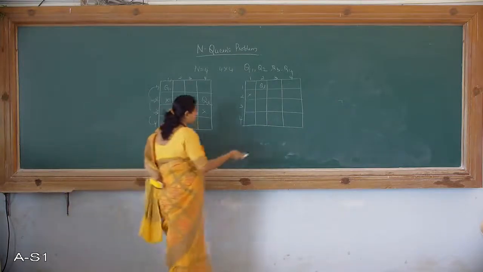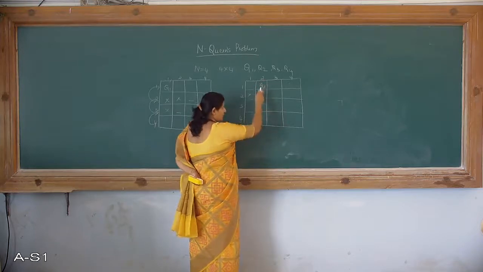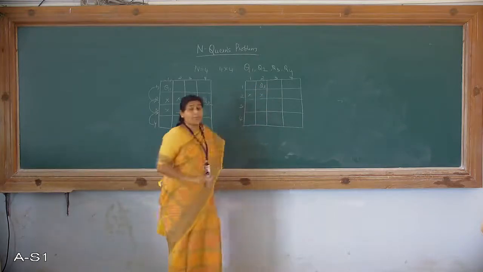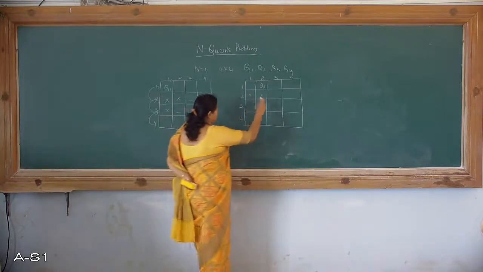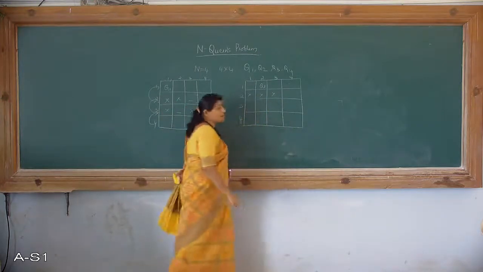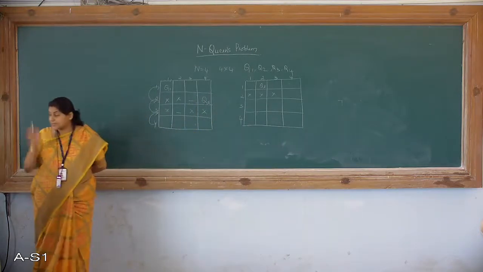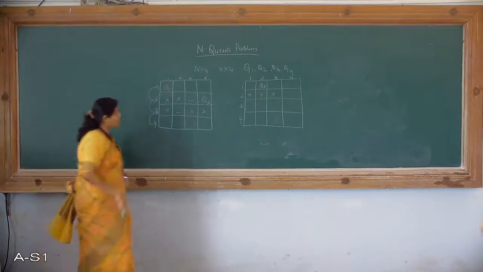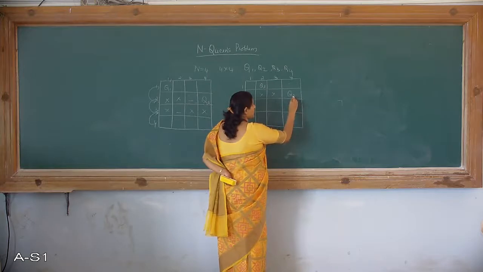So I would go back to this one, not possible because it is the column rule, rule number 2, not possible. And here, not possible because it is the diagonal rule. So now, the only possibility of placing my queen 2 would be in the 4th column.